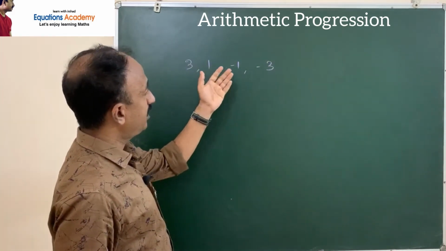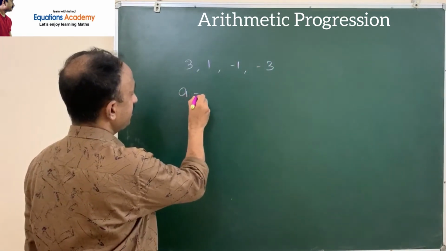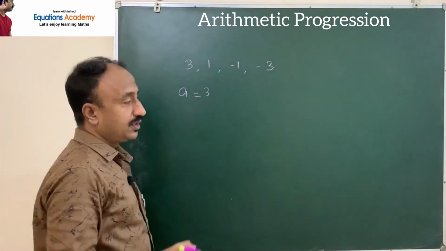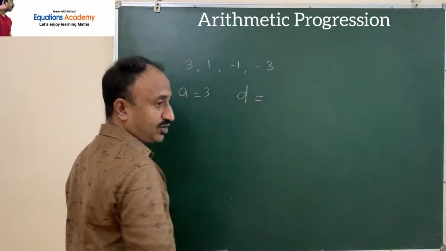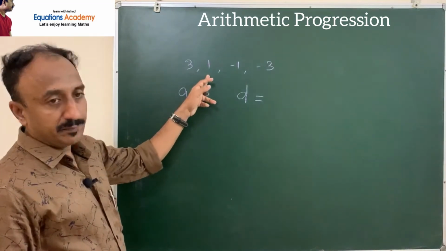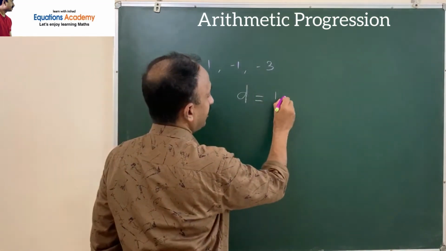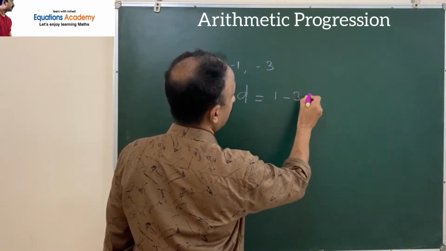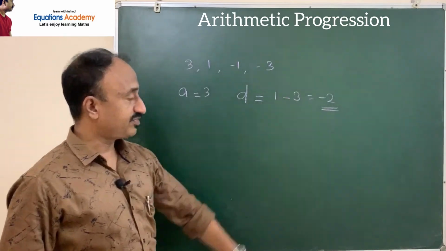What is the first term? The first term is this 3. What about the common difference? Common difference d is equal to the second term minus the first term. The second term is 1 and the first term is 3. So, 1 minus 3 is minus 2. This is the common difference.